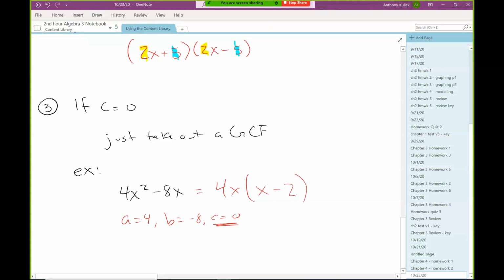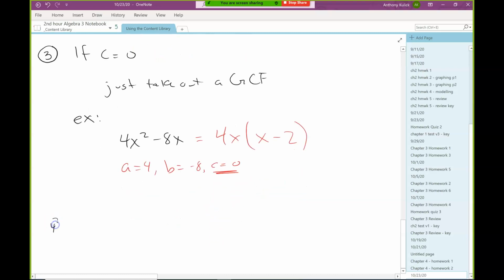Now, the drawback here is that we don't have any good shortcut if we have all of A, B, and C, and A is not 1. One thing we can do, though, this is not really a shortcut, but it can kind of create a shortcut.